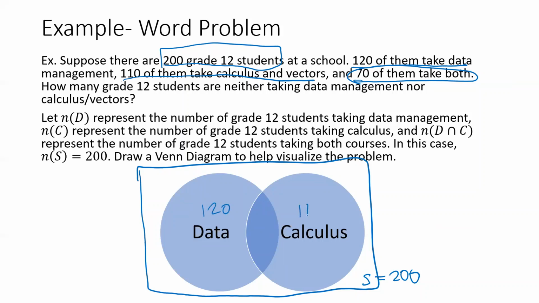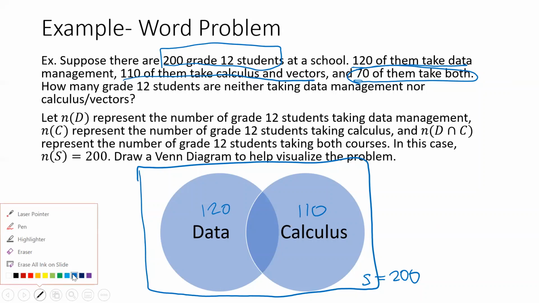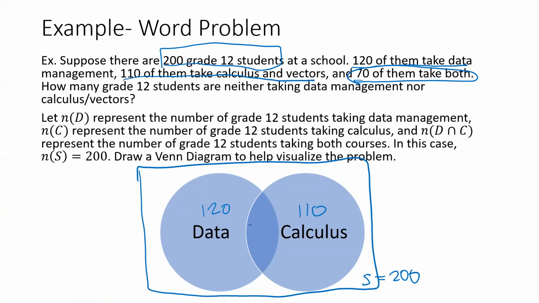And we have more people in data management than calculus and vectors, just saying, that's good. So we're simply going to fill in the rest of the information based on what we have. We are told that there are 70 students that are in both courses. So the 70 students are right here in between.